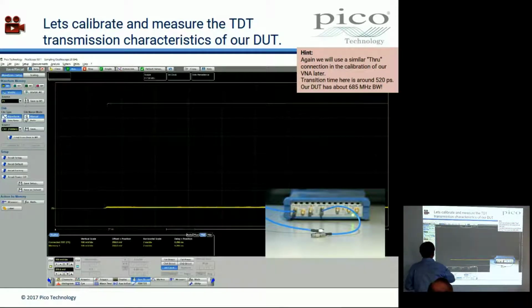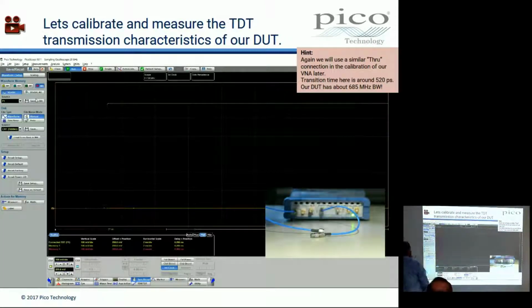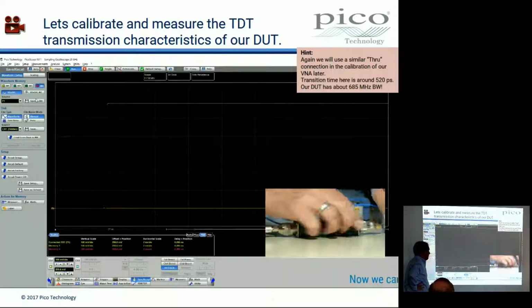All right, so I've saved 1 and 0. No signal going through at the moment, so that's no gain whatsoever. Put the DUT in.